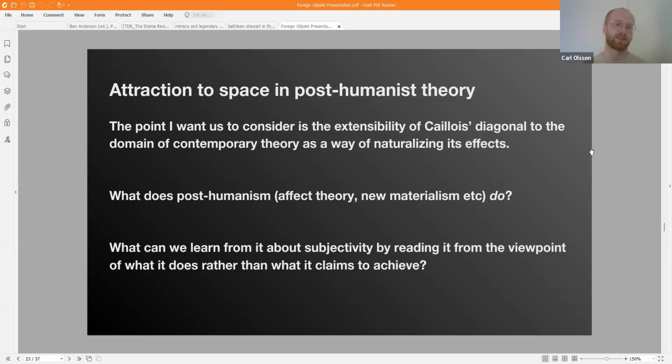So, for instance, what does post-humanism, affect theory, new materialism, etc., do, rather than considering what they say that they do?